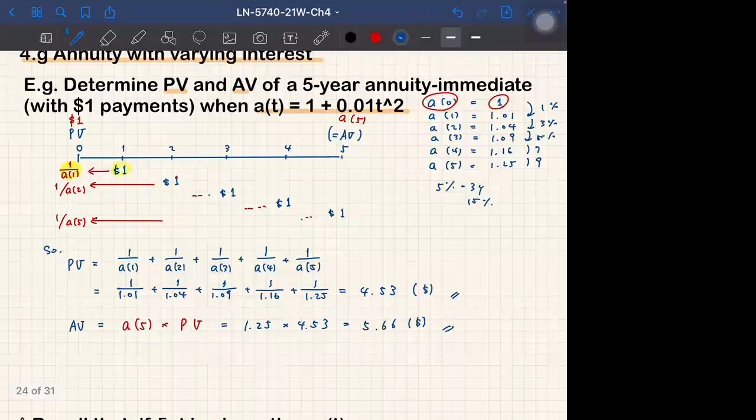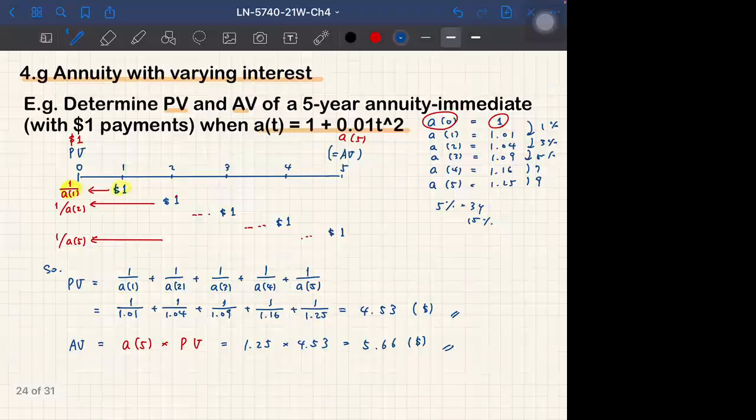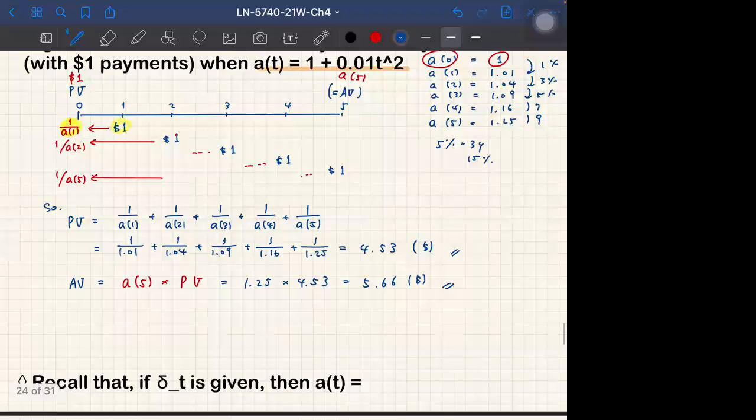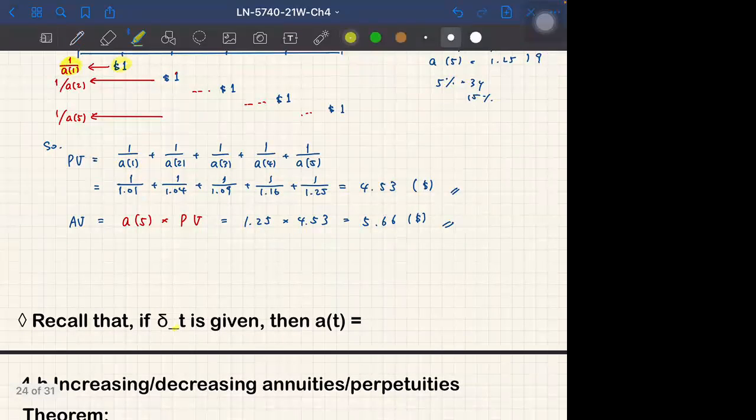Okay, so in general, the interest rate is changing with the force of interest delta sub t. So if delta sub t is given, then you can calculate A(t) is equal to exponential of integral 0 to t, the delta r dr. So if you integrate this delta r function, then you can get A(t).